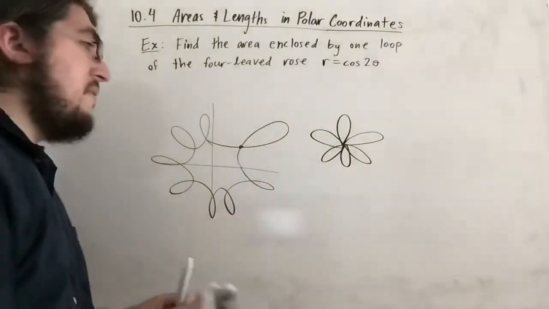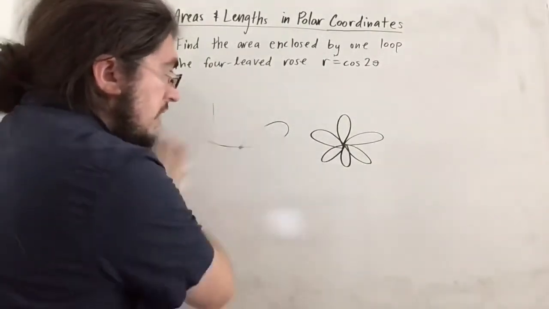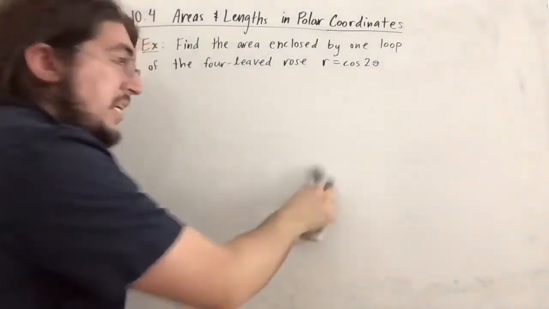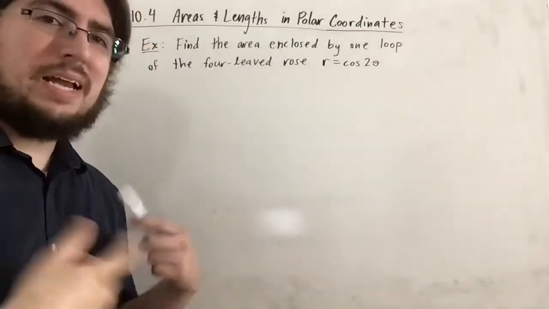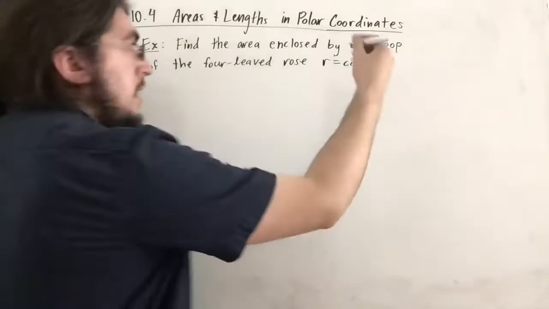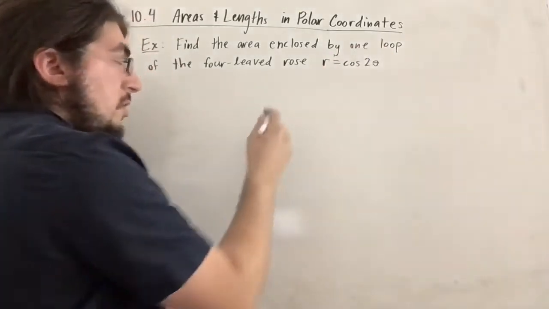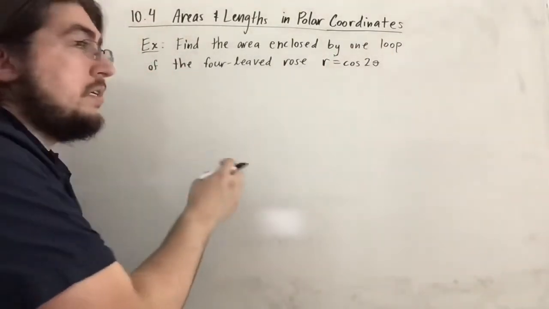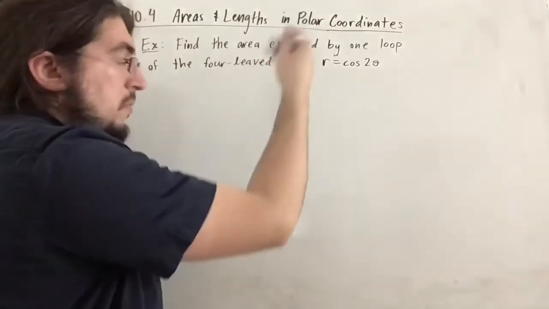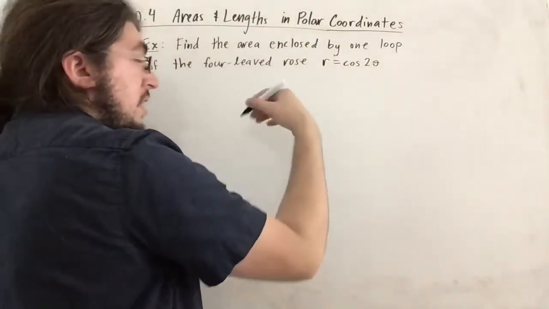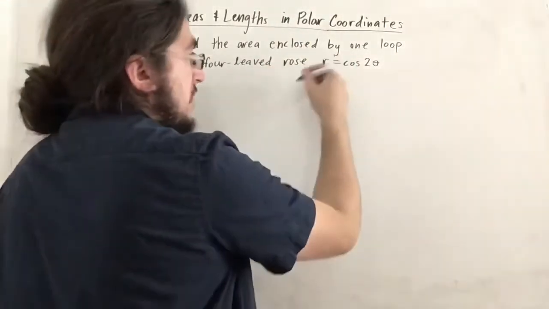But if you have the intuition that the loops pass through the origin each time, then we can get something going, because if you set r equal to 0, that's where it passes through the origin. With that additional bit of information, we can find where each loop occurs by setting r equal to 0.